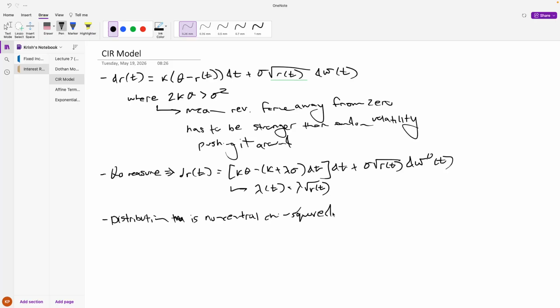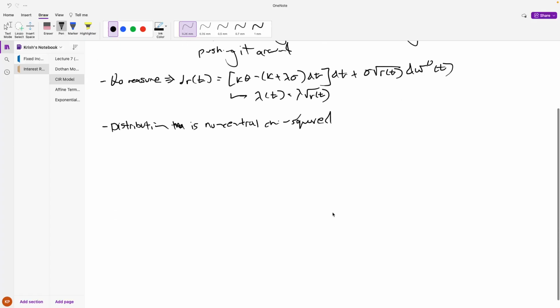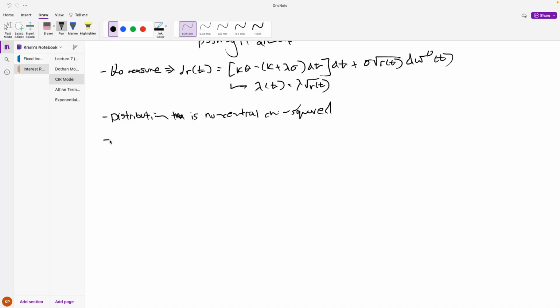They're going to be centered at something else. Let's see. The mean, of course, we have to show this for any type of model. So very, very close to what Vasicek had as well.